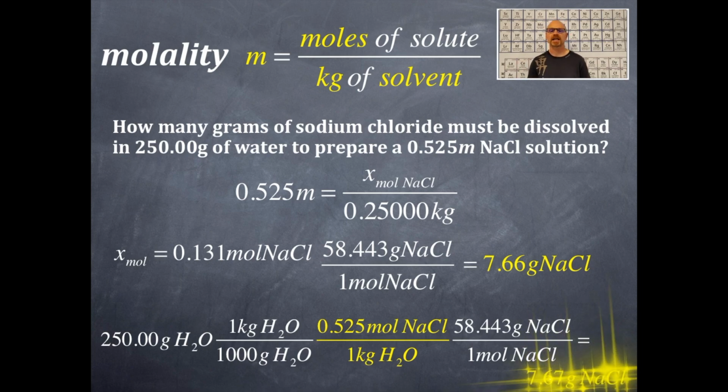And this is the number that I get. I realize that it is very slightly different than the previous one, but that's because there's a rounding issue in the middle there, and we rounded in the middle on the top of the problem. But I still have 3 significant figures, and I still got a very valid answer, 7.67 grams of sodium chloride. Fantastic. Make sure you pay attention to molality.